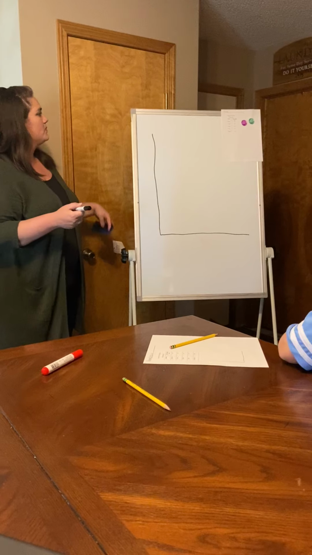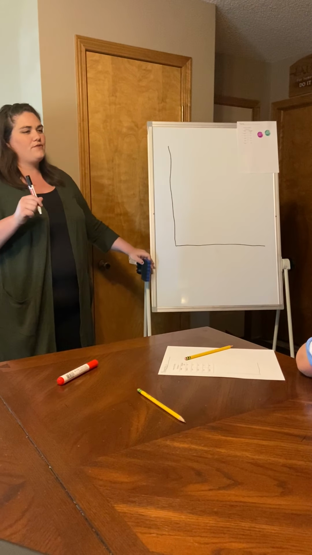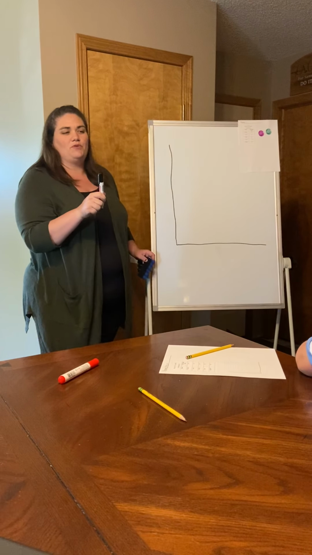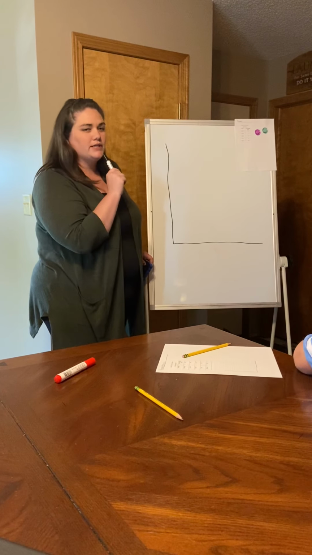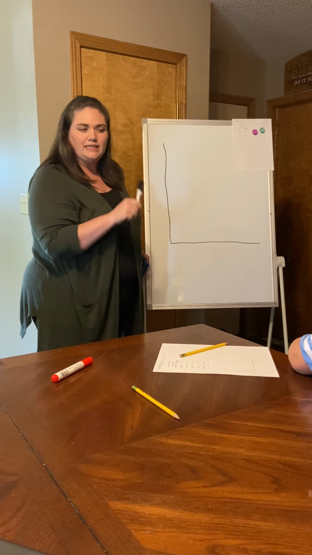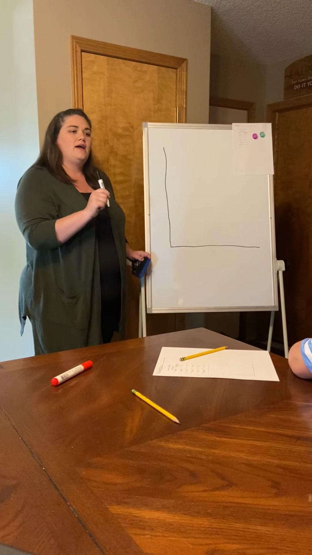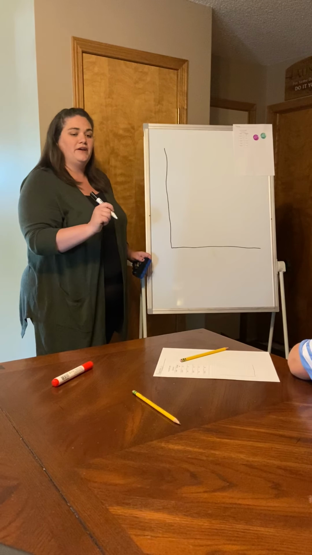Great. Now, our graph needs a name. Every graph has a name. What do you think we should use as the name of our graph? Here's a hint. You use the same name for your data graph as your bar graph. Animal tail length.